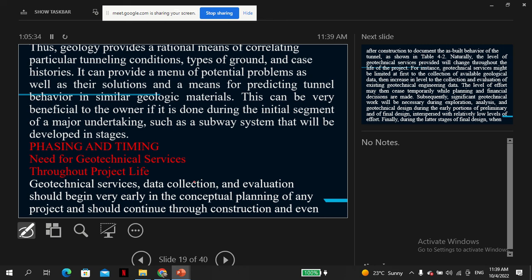So first of all, after the project is implemented, again we need to see the lifetime, the behavior in service as well, so that we make sure that it serves the purpose for which it was designed.